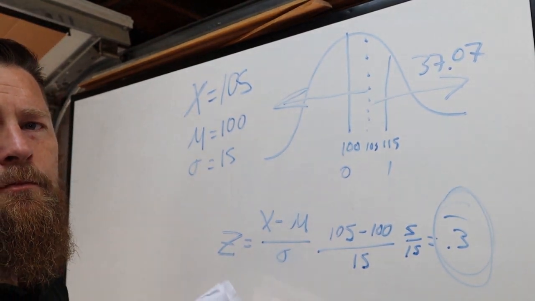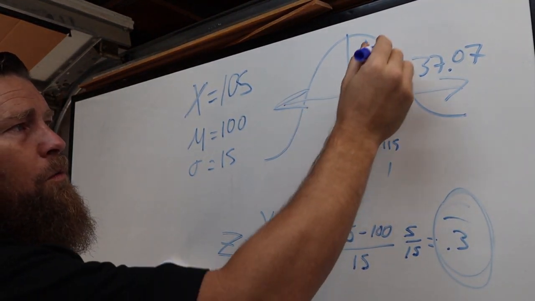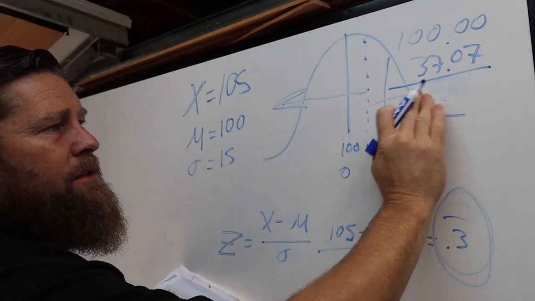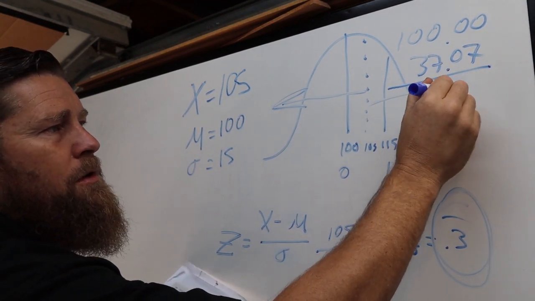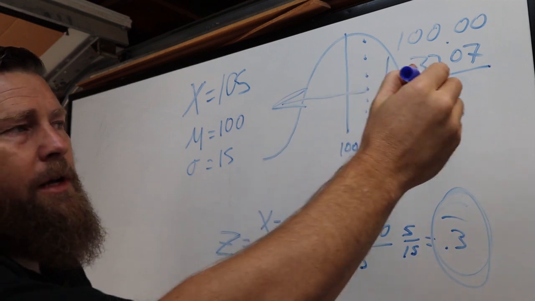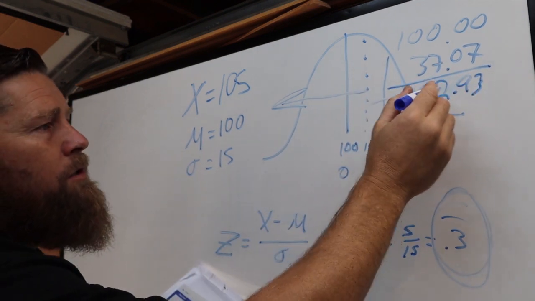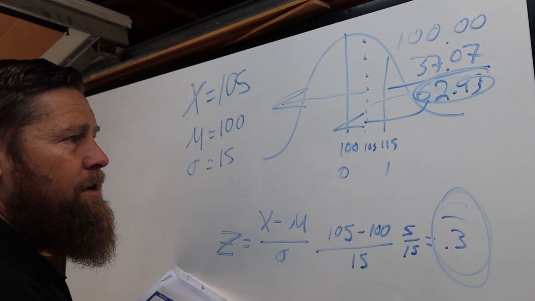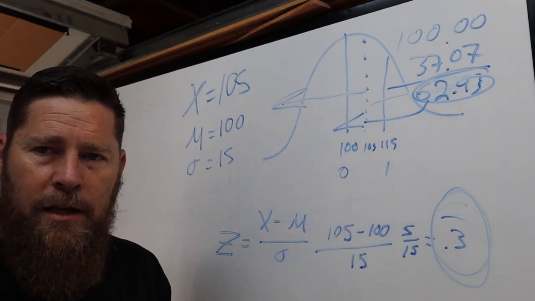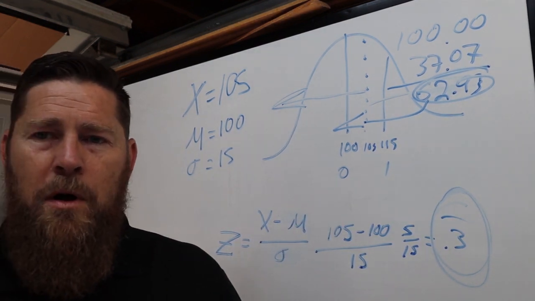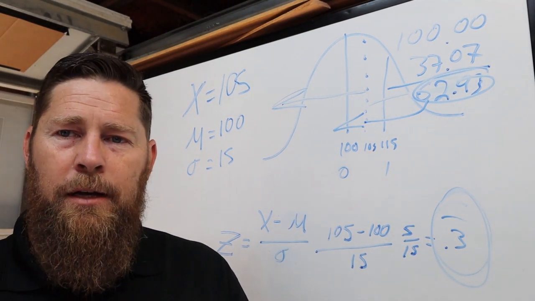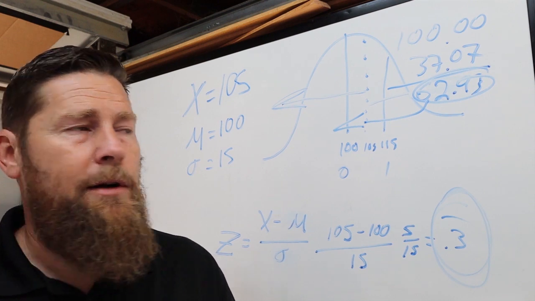There you go. It's pretty easy. 100 minus 37.07 is 62.93. So 62.93 is the percentage of scores that are less than a 105. So I'm smarter than 62.93% of people. Pretty good, but it'd be nicer to be smarter.